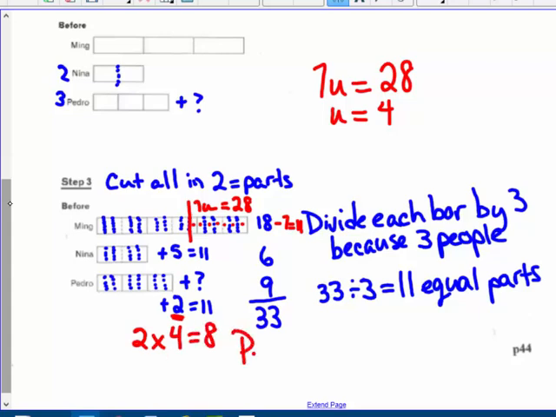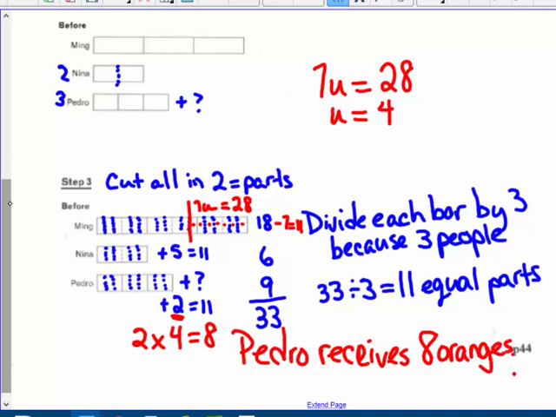So Pedro receives, I before E except after C, is that right? I don't know if I'm spelling that right. Pedro receives 8 oranges. 2 boxes, 4 each in a box, so 8 oranges.